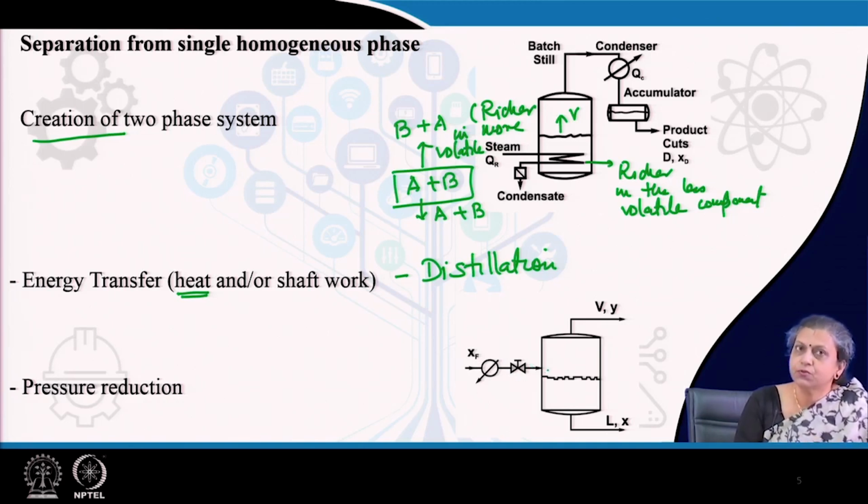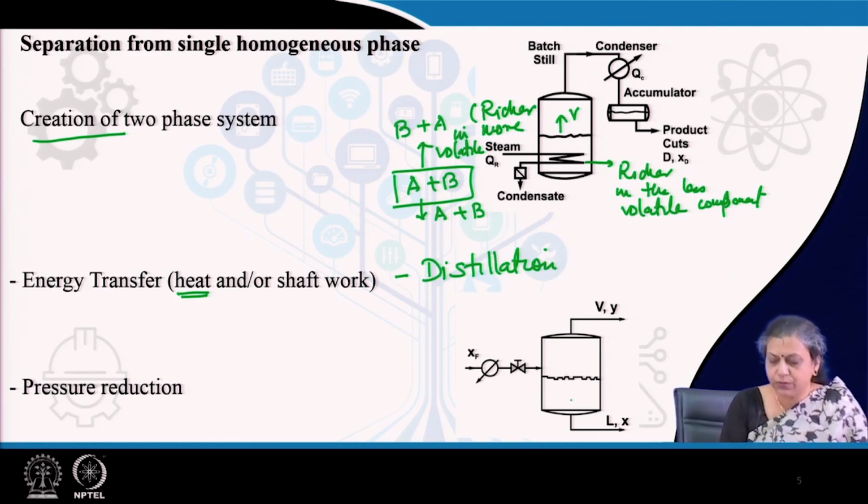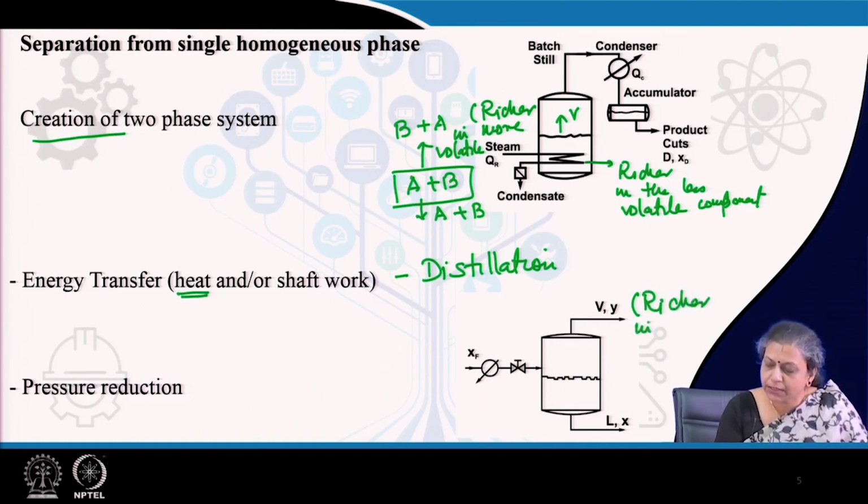Moment the pressure is reduced, what happens? The liquid partially vaporizes, and the vapor which vaporizes and the liquid which remains, these two are under equilibrium conditions, and the vapor naturally will be richer in the more volatile component, and the liquid will be richer in the less volatile component.